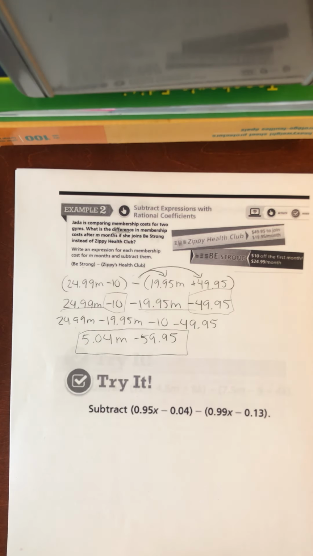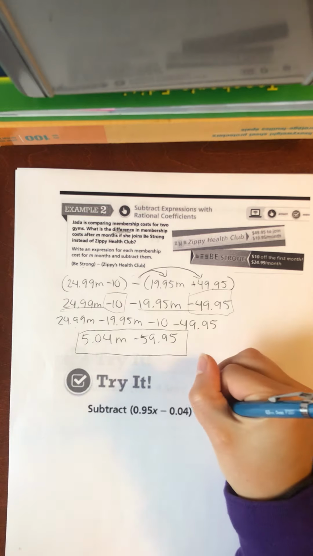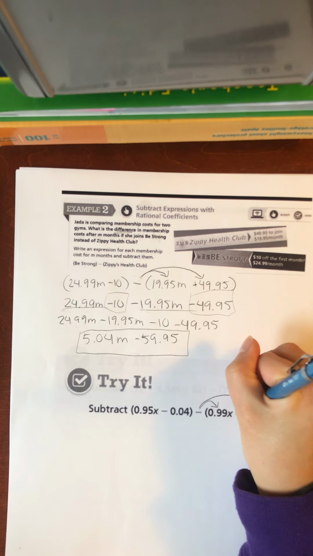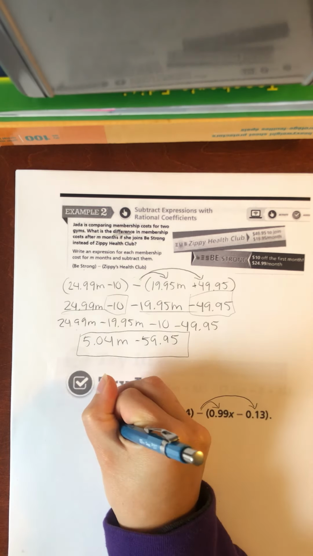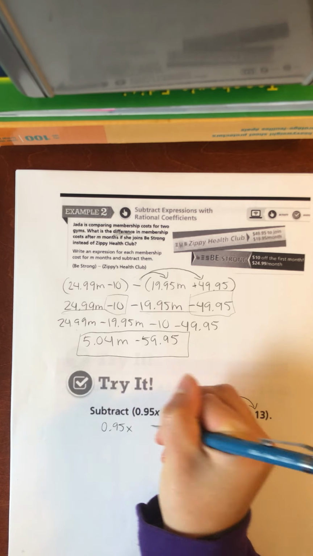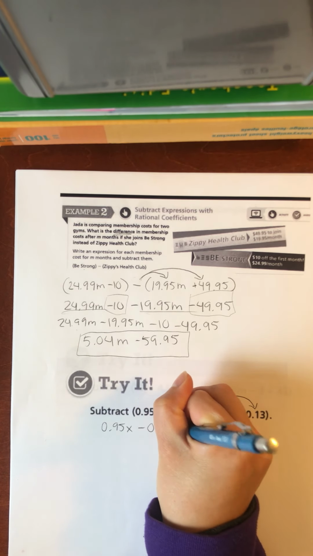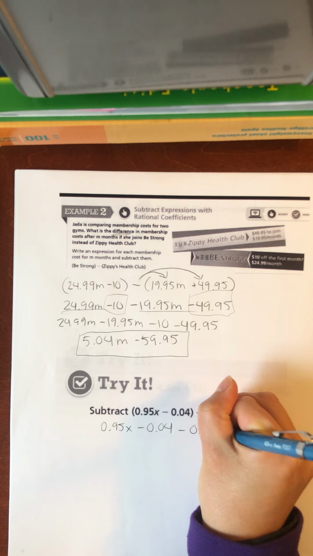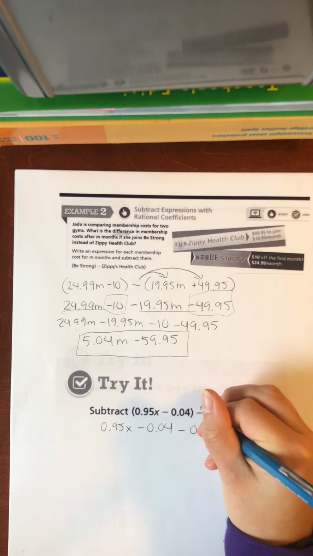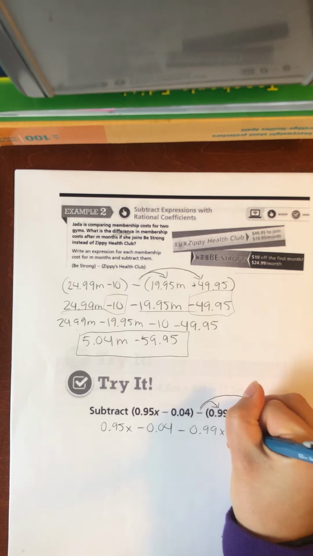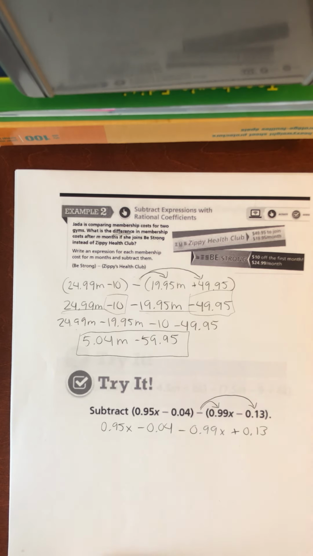Okay, this one, subtract. So we're going to distribute this negative to both of these terms. So we have 0.95x minus 0.04 minus 0.99x, negative times a negative is a positive, plus 0.13. Now we'll put our like terms together.